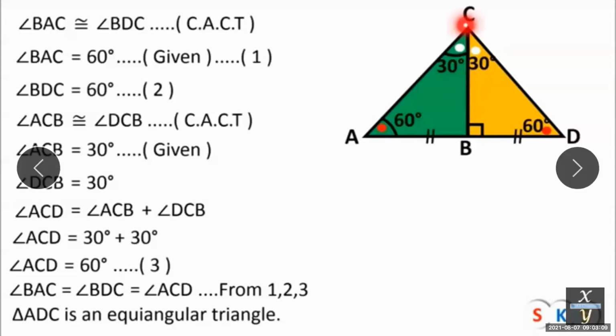So in this triangle ACD, this complete larger triangle, each angle is 60, 60, 60 degrees. As all angles are of equal measurement, this is a type of triangle that is an equiangular triangle, which is the triangle ADC. You can also write it in the right order.